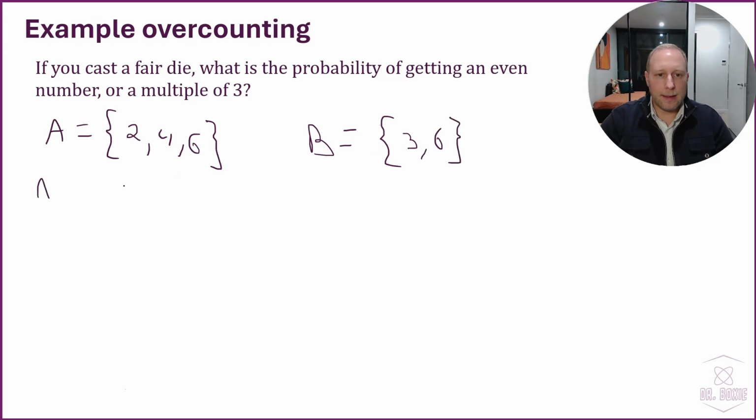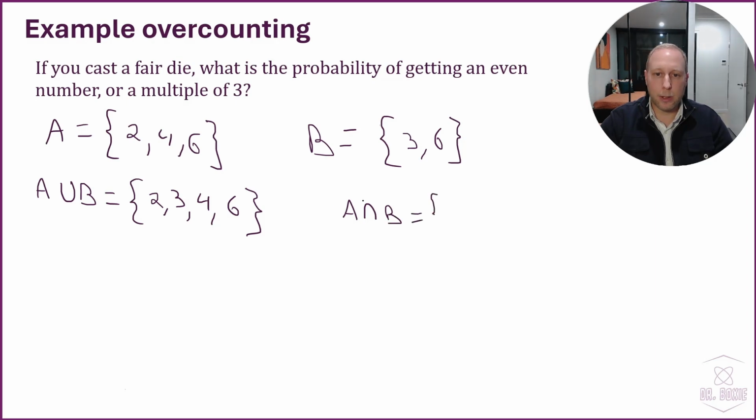Notice that A or B is the event that includes all the elements that are in at least one of the two, meaning it is 2, 3, 4, and 6, while the event A and B are those elements that are included in both of them, and only those, which is only the 6 here.